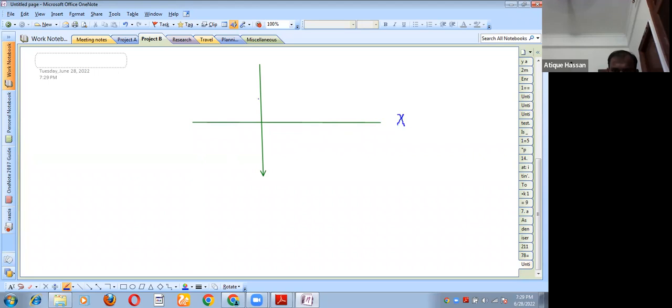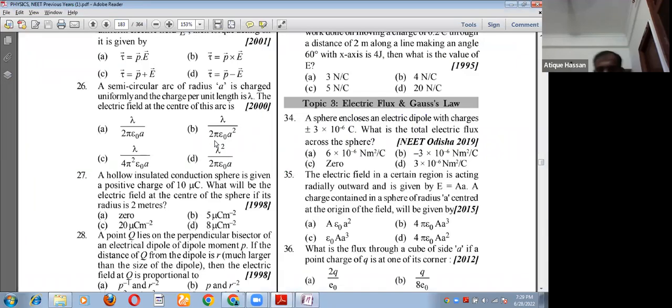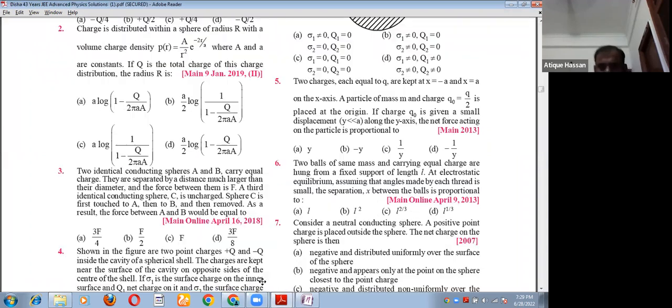This is the x-axis, this is the y-axis, and we have two charges. According to the question, two charges equal to Q are placed at minus A and plus A.